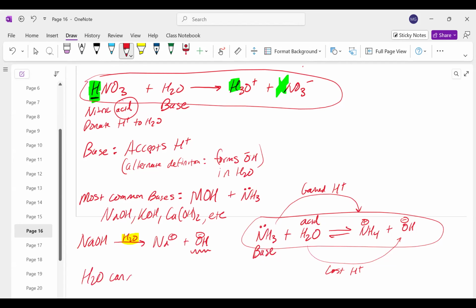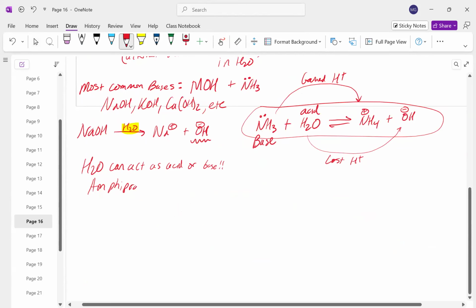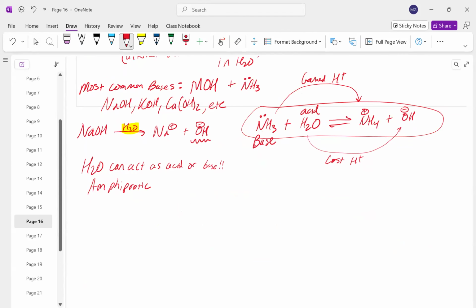So it's important to note that water can act as an acid or a base. This is a trait called amphiprotic. So we refer to water as amphiprotic because sometimes it can act like an acid and sometimes it can act like a base.